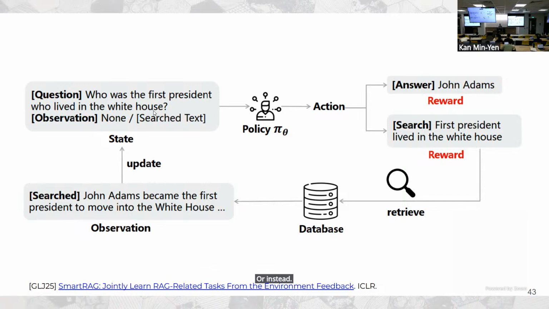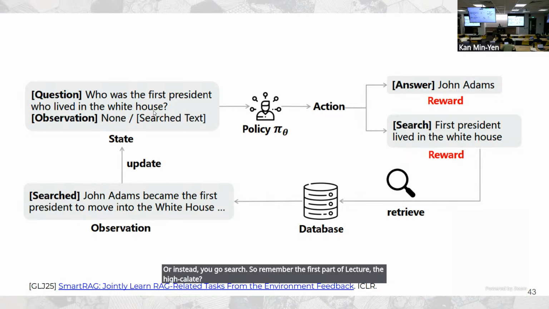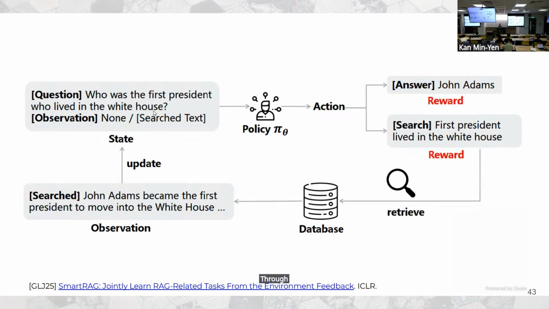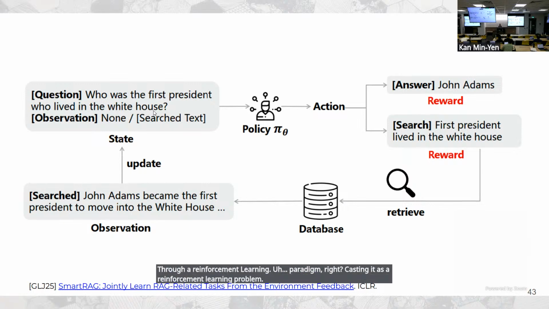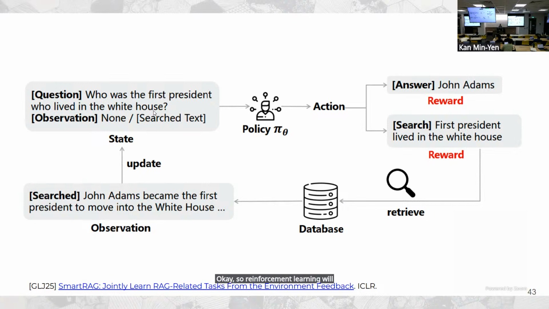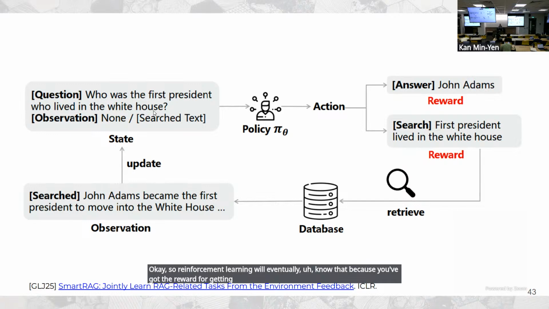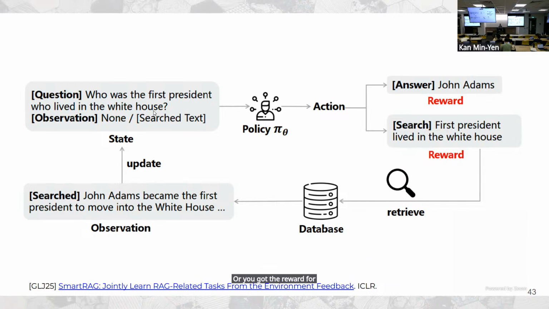So remember the first part of the lecture that Haitao gave, which is about when to search, what to search for, right? So here we're trying to learn that through a reinforcement learning paradigm, casting it as a reinforcement learning problem. Okay, so reinforcement learning will eventually know that because you've got the reward for getting the right answer, or you've got the reward for making a search, then it will learn over time which actions to do.